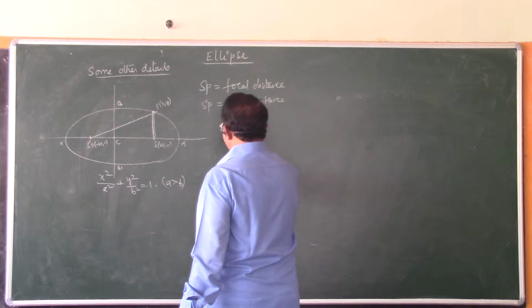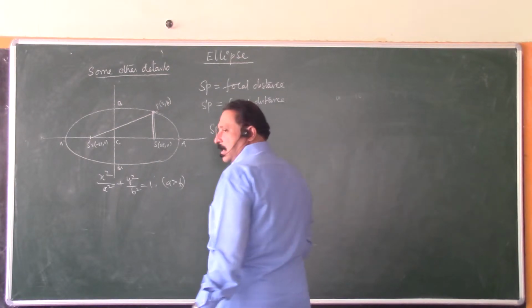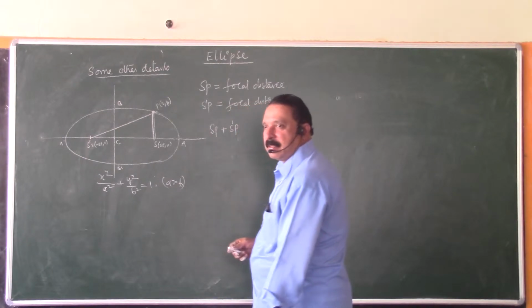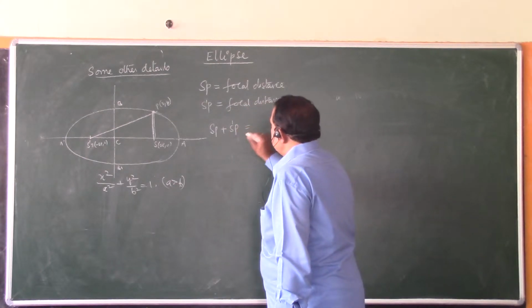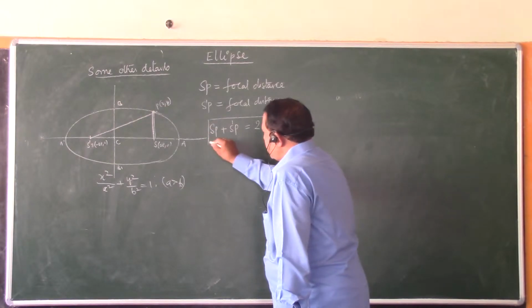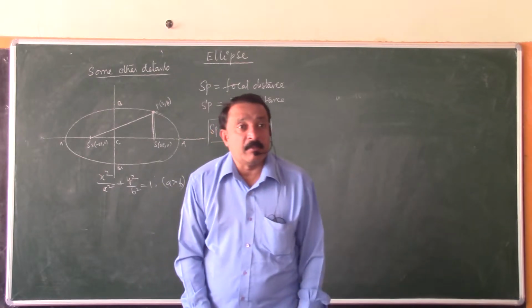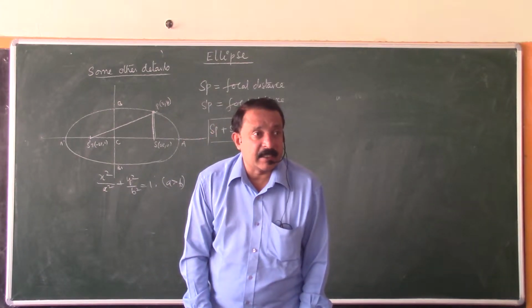Now I will add the two focal distances, SP plus S dash P. The sum of the focal distances is always found to be the major axis of the ellipse. You just have to remember. What is the sum of the focal distances of an ellipse?